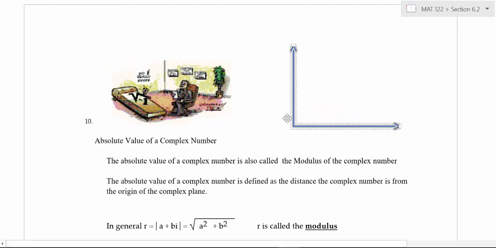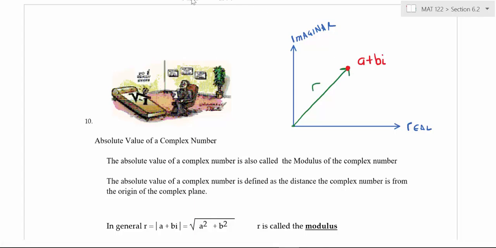This is like the real axis and this is like the imaginary axis, like that. So the way we define this is a complex number. Let's just say we have a complex number a plus bi somewhere on the complex plane. Doesn't really matter where. And if we were going to take the origin, 0, 0, and draw a radius to that, we'd call that the radius.